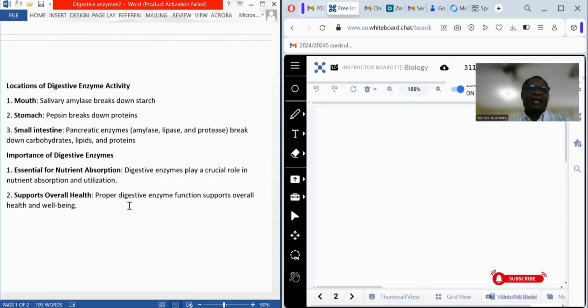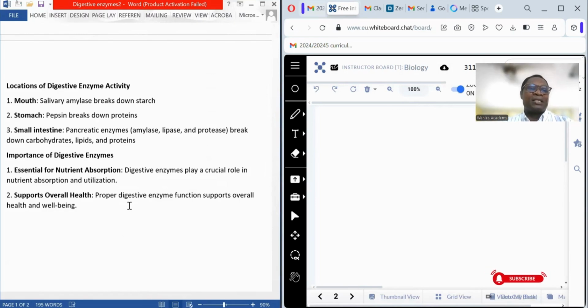The small intestine also contains pancreatic enzymes, which are the enzymes produced from the pancreas. Amylase, lipase, and protease. They are produced in the pancreas. They help break down carbohydrates, lipids, and protein. Now, digestion ends in the small intestine, where the digested food substances are absorbed into the bloodstream.